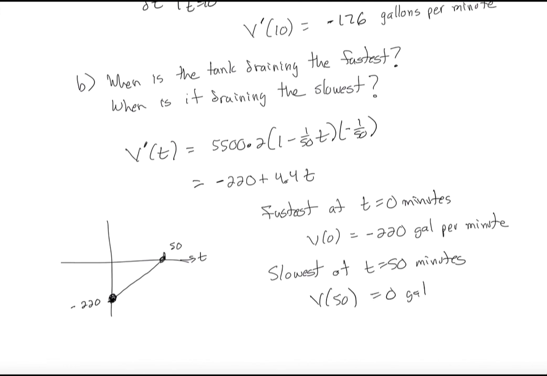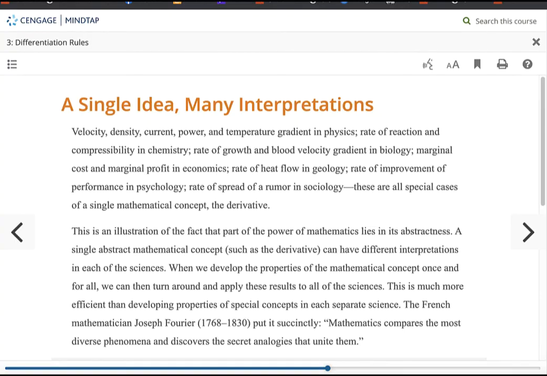In summary, the whole point of this section was for us to take a look at different types of rates of change, different applications of a derivative. We've been focusing on particle velocity, the rate of change of position or height over time. And the point of this conversation, again, was to take a look at some different ideas.